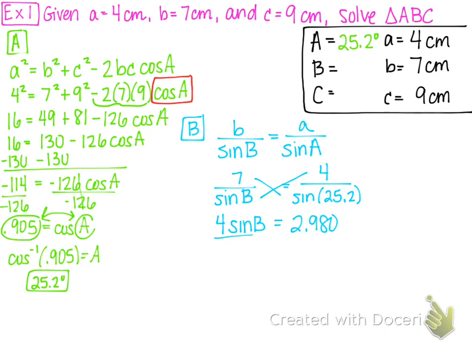Then we've got to divide by 4 on both sides. So do 2.980 divided by 4, and you get 0.745. Then all we have to do is do our little switcheroo.